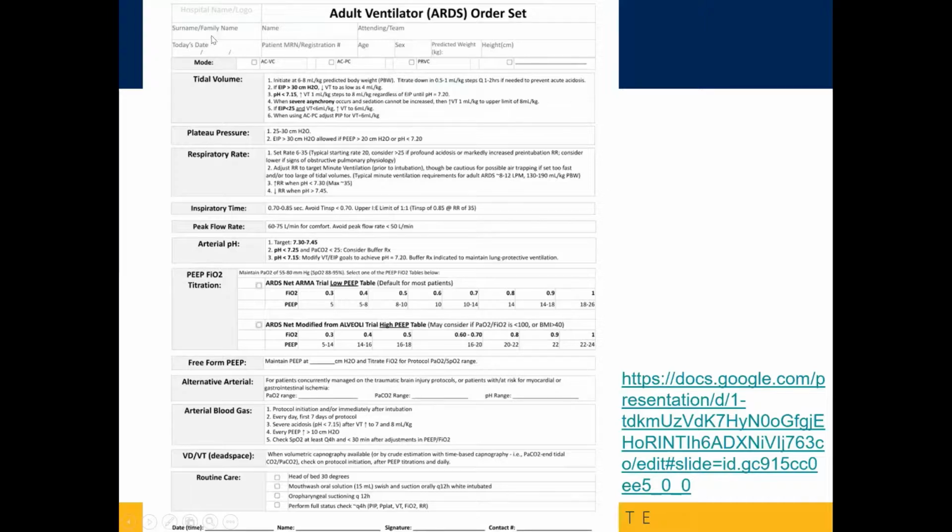You can see they've created it for you to put your hospital name and logo. Then there's the patient data and the attending physician or the attending team, the date that this is being implemented, the patient information, their registration number, gender and age.